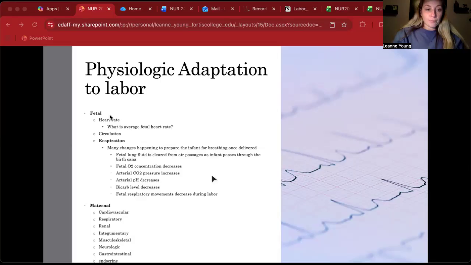So what happens? Fetal lung fluid is cleared from air passages as the infant passes through the birth canal. Fetal O2 concentration is going to decrease. Arterial CO2 pressure will increase. Arterial pH will decrease. Bicarb level decreases, and fetal respiratory movements decrease during labor in general.